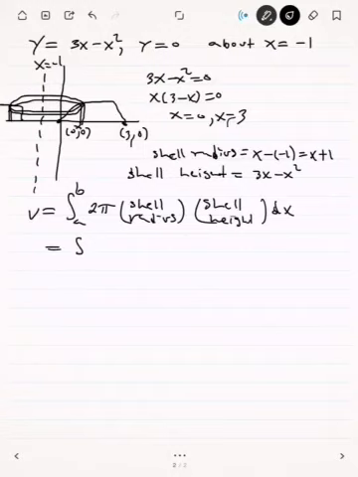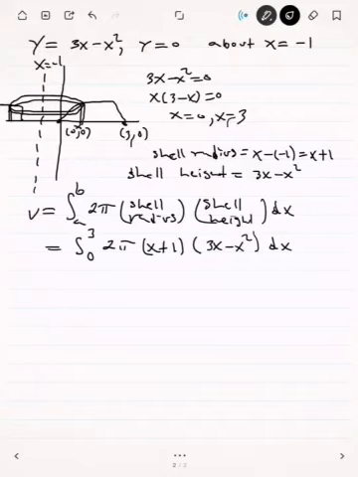And in this case, A equals 0 and B equals 3. So the shell goes from 0 to 3, 2 pi, because the radius of the shell is x plus 1, and because the height of the shell is 3x minus x squared, dx. That is the setup to find the volume.